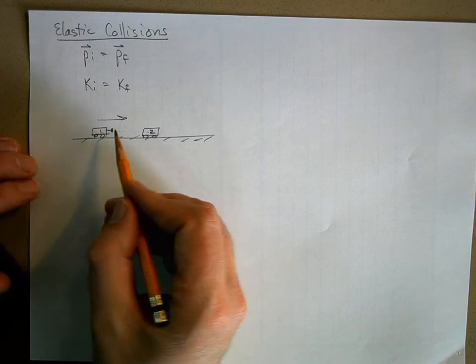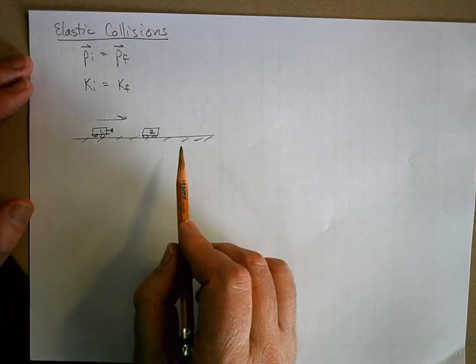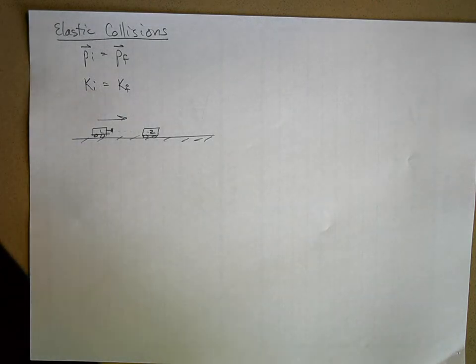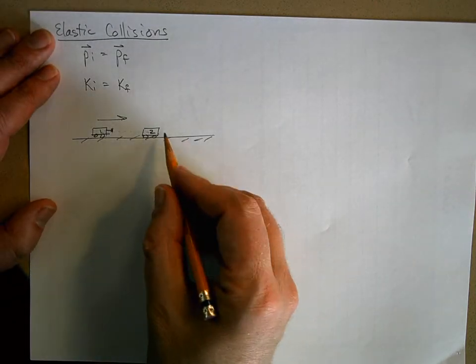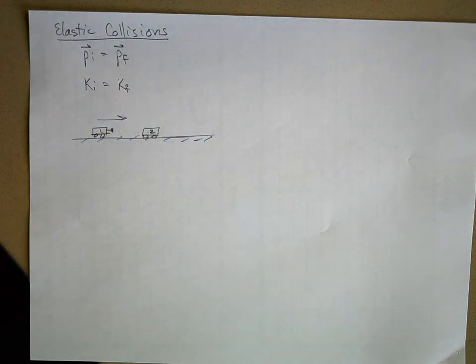And when that spring is compressed, we turn kinetic energy into elastic potential energy. And then the spring expands or pushes apart, and when it does, it turns that elastic potential energy back into kinetic energy, so that at the end, we have just as much kinetic energy as we had to begin with.